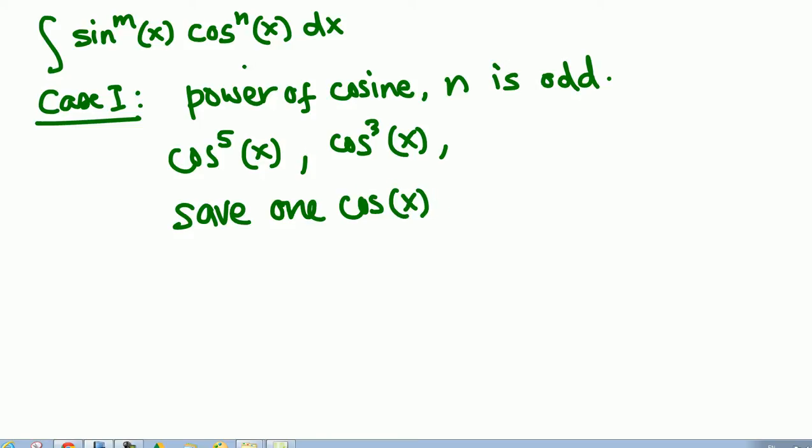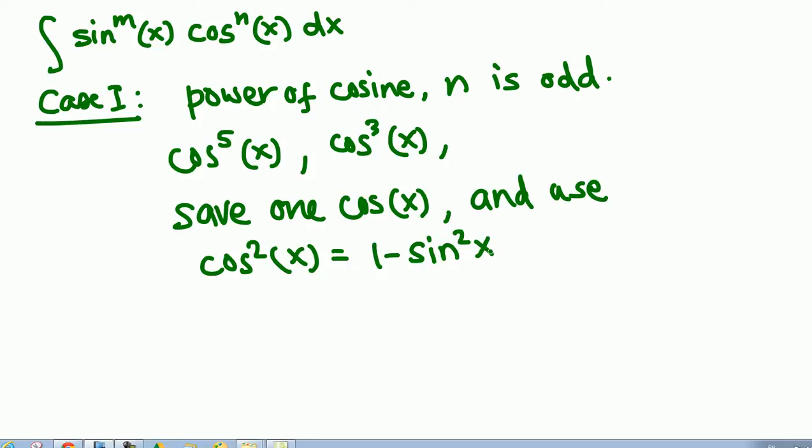Then the remaining cosine will be an even power. Like if we have 11, then 1 is there, we have 10. And use the formula cosine square equals 1 minus sine square to change the remaining cosine in terms of sine.